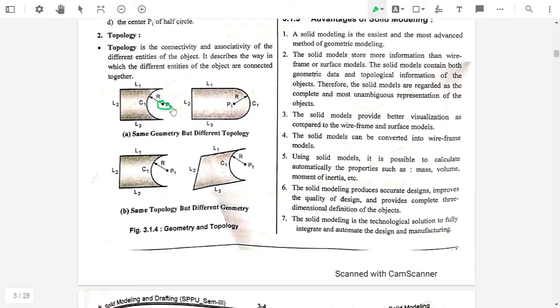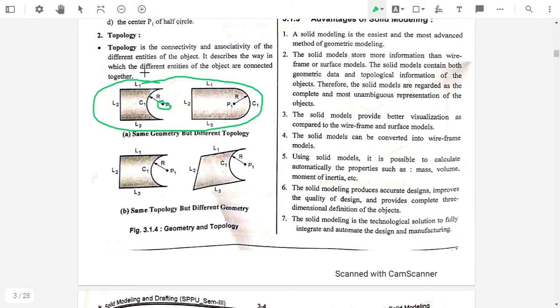If we consider the same geometry, it means the lengths of the lines L1, L2, L3, the radius of the circle, the position of the point P1 and the angle between the lines. In this image, the angle between L1, L2, L3 is the same in both cases, the lengths of L1, L2, L3 are also the same, the radius R of the circle is the same, and the position of point P1 is also the same.